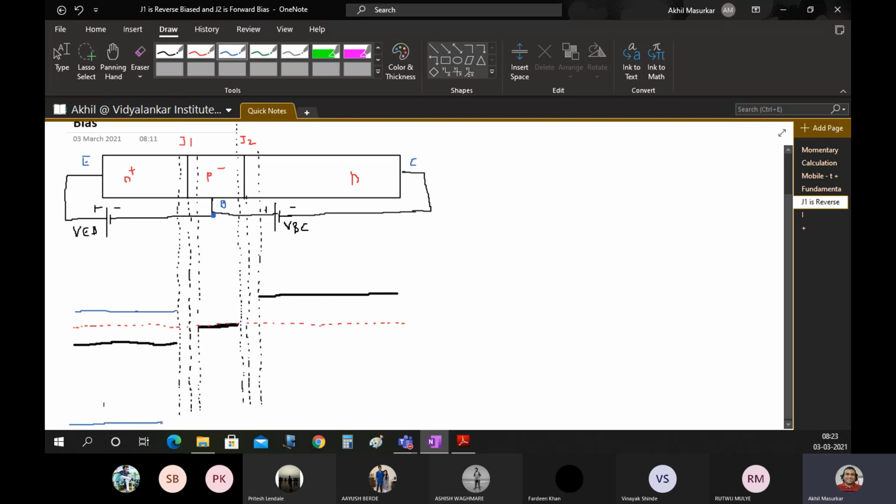The valence band will be away from the Fermi level. This is P, so valence will be close and conduction will be far. And here conduction will be close and valence will be far.